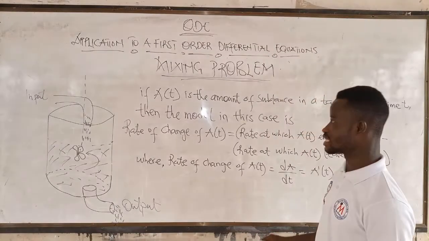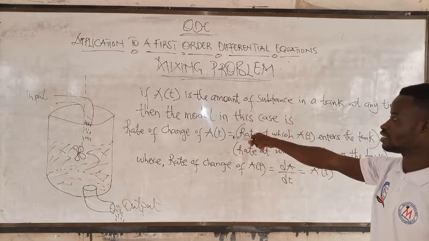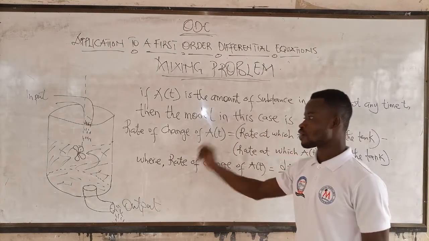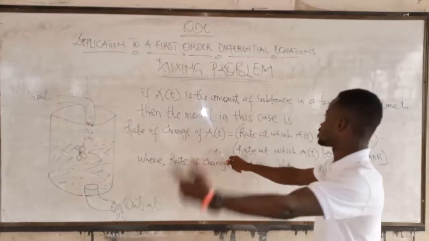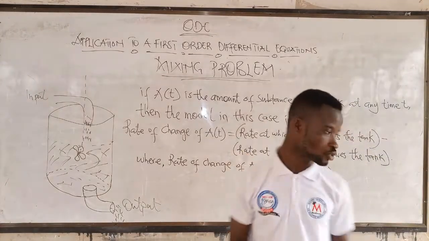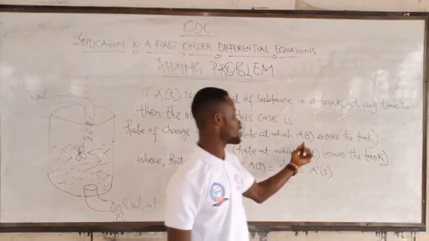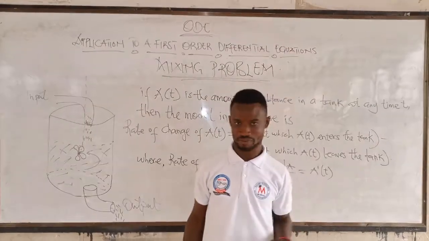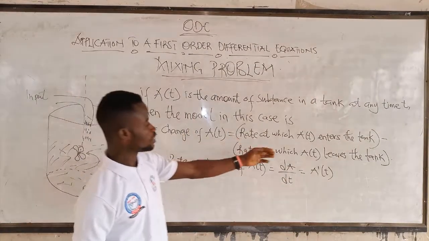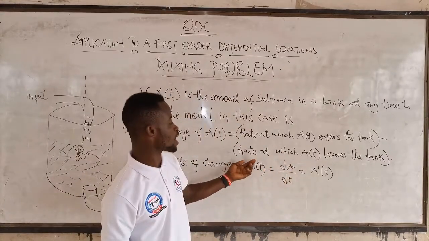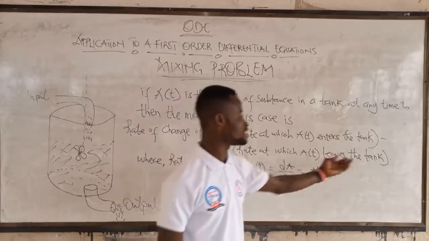Then the model in this case is that the rate of change of the amount of substance is equal to the rate at which the substance enters the tank, minus the rate at which the substance leaves the tank.